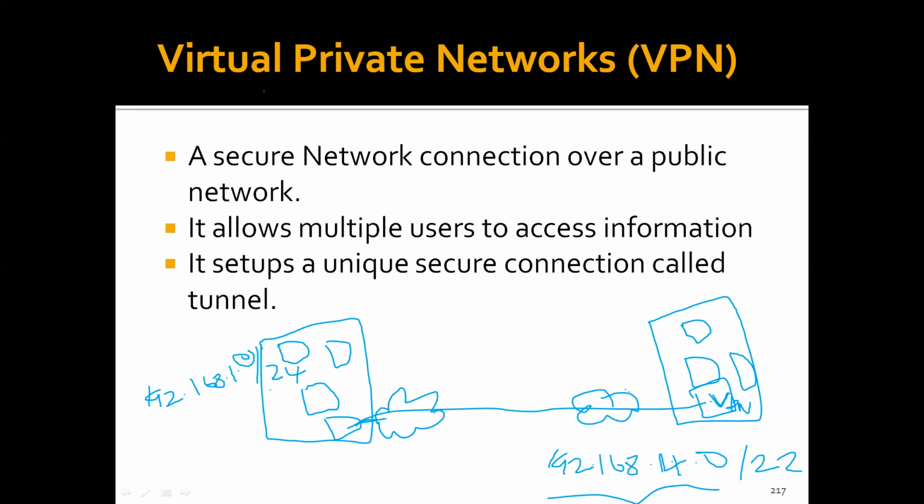If we connect to the VPN server, this is our network IP range. But if we connect to the VPN at the head office, our LAN is also automatically converted to the 192.168.4.0 range.